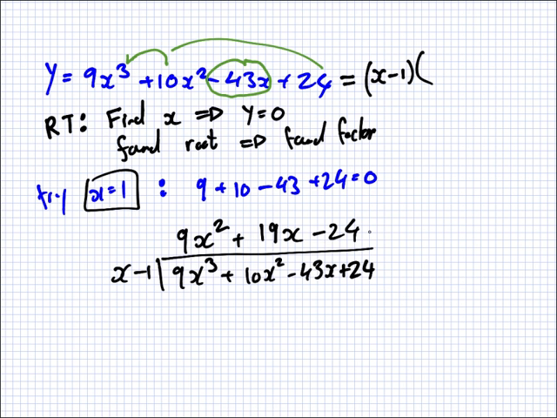Can we factorize this? Maybe. Let's see. Maybe it's 3x. No, I don't think so. Maybe 9 and 1. 9, 1, 24. 6 and 4.